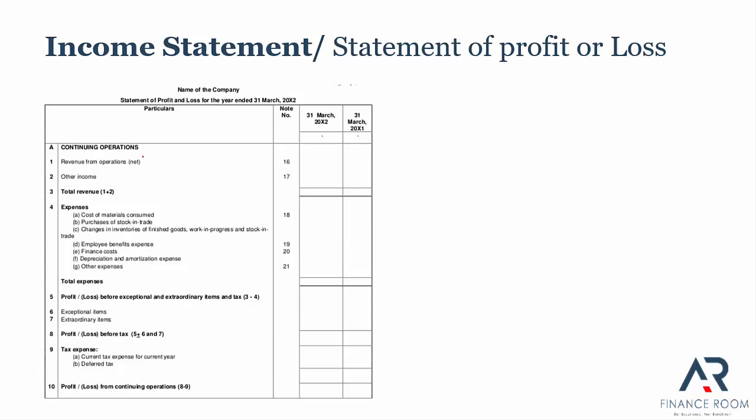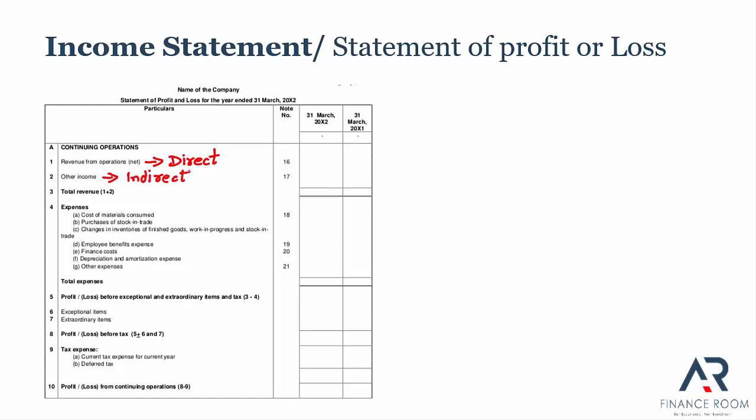We have revenue from operations, which is basically the main activities, the core activities that your business is in. It might be sale of products. Then we have other income. Basically, these are your direct incomes, and these are your indirect incomes.